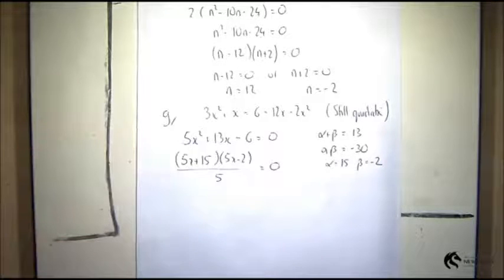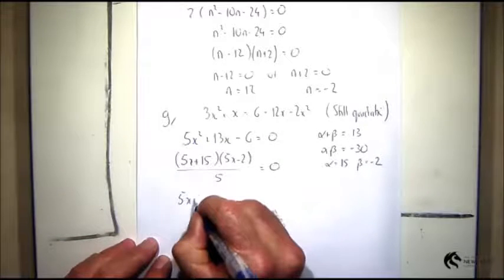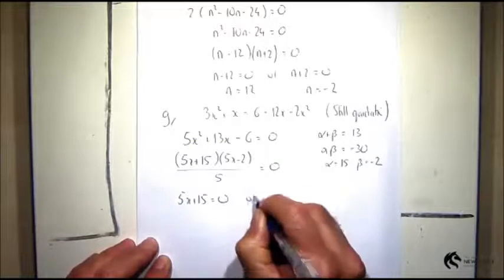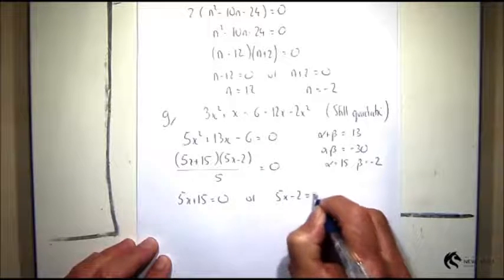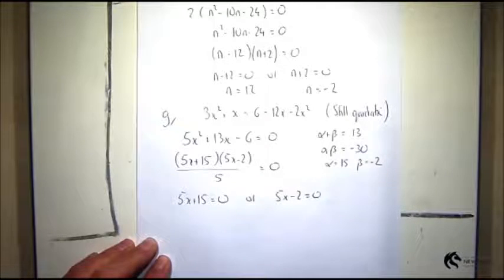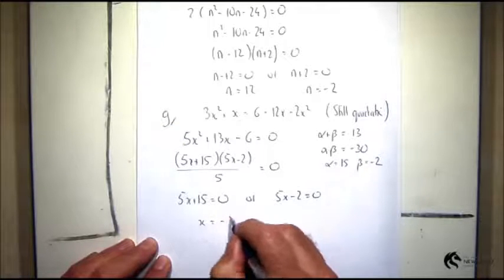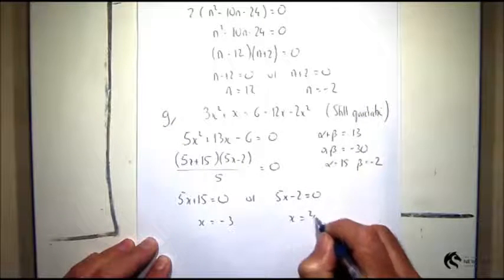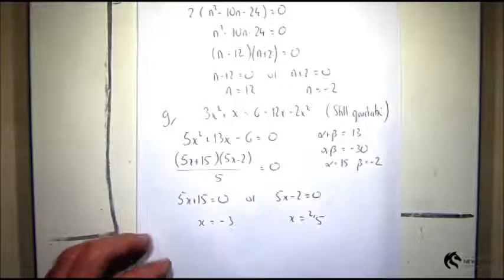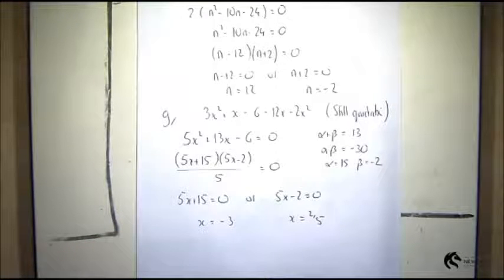And so I have, therefore, 5x plus 15 is 0, or 5x minus 2 is 0. So this gives me x is minus 3, this one gives me x is 2/5. And there are my solutions.